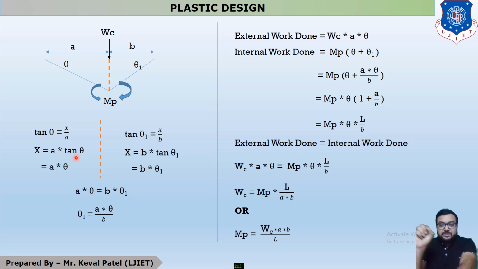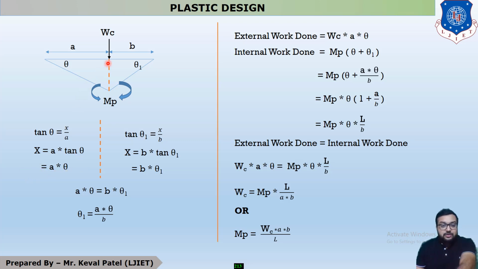This deflection is very small, as you can see in this figure. Whenever your deflection is very small, you have to consider that tan theta is nearly equal to theta. So a into tan theta is nearly a into theta, so your value of x is equal to a theta.